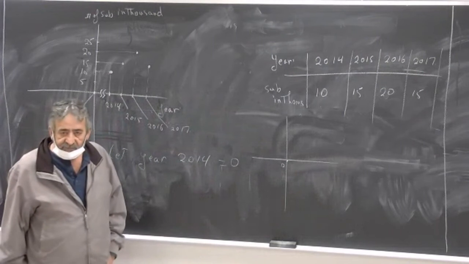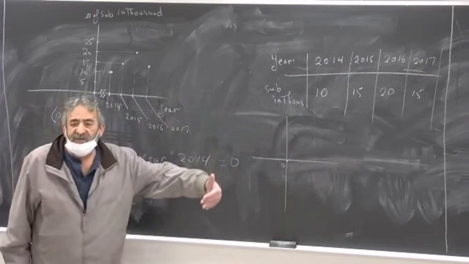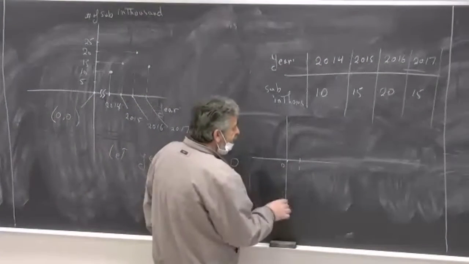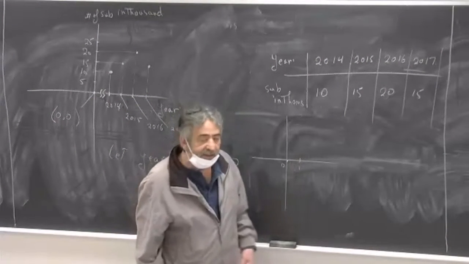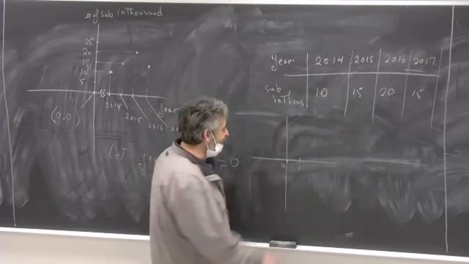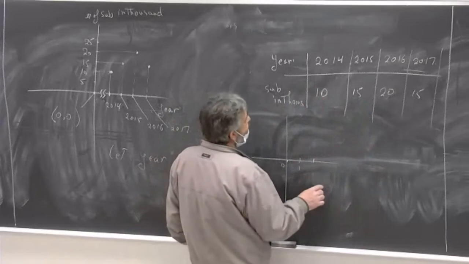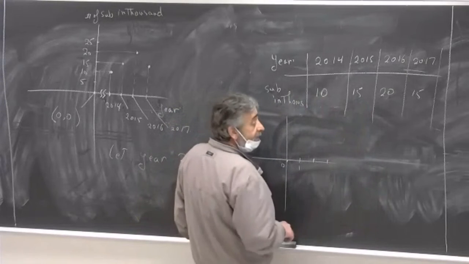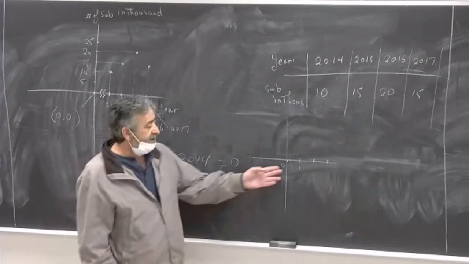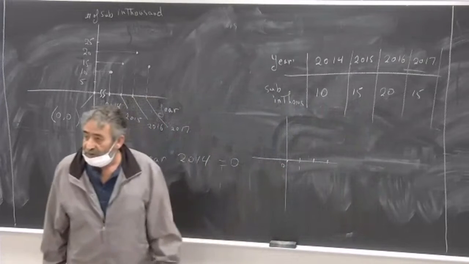Right? Now, after 0 comes 1, right? But this is a 1, but in terms of years, it is which year? 2015. And then 2016 and 2017.